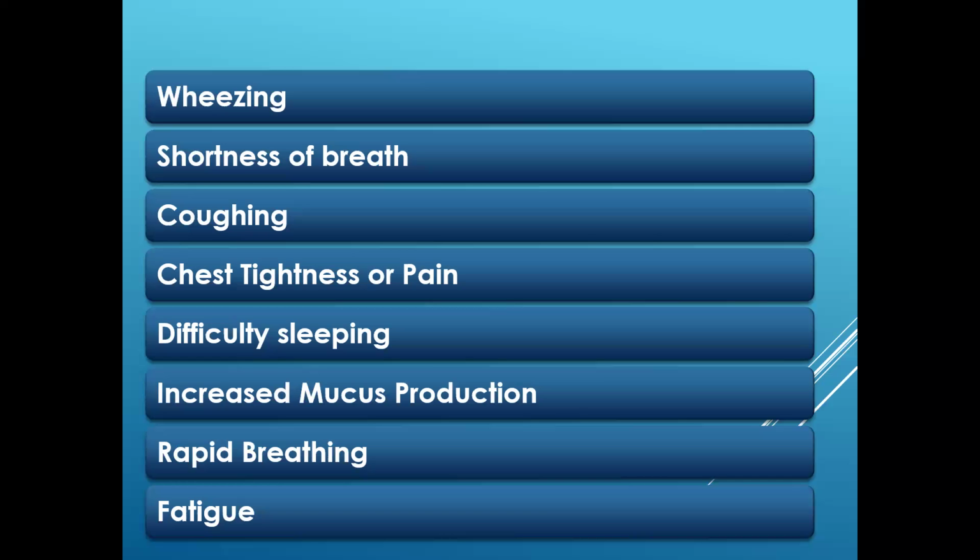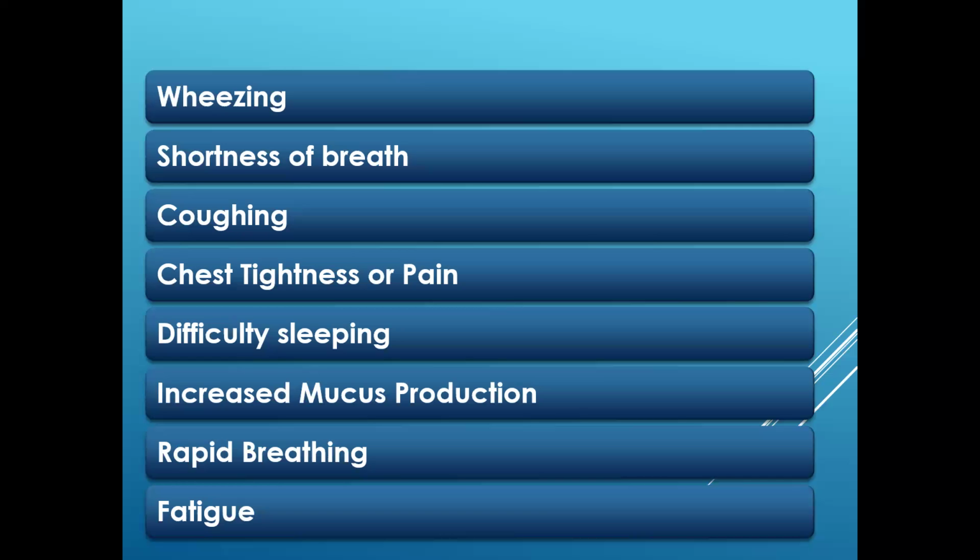Then weather conditions such as cold air, humidity, and changes in weather can also trigger it. Then exercise. Physical activity may induce bronchoconstriction, especially in cold air or dry air.